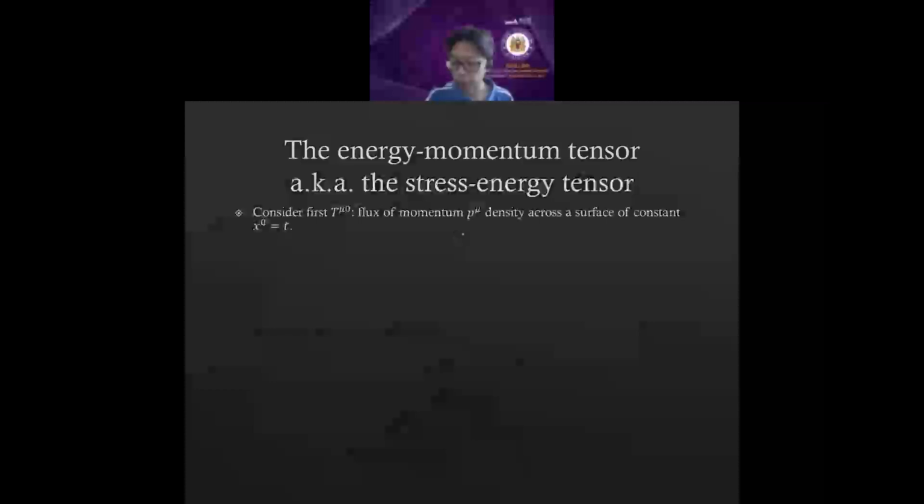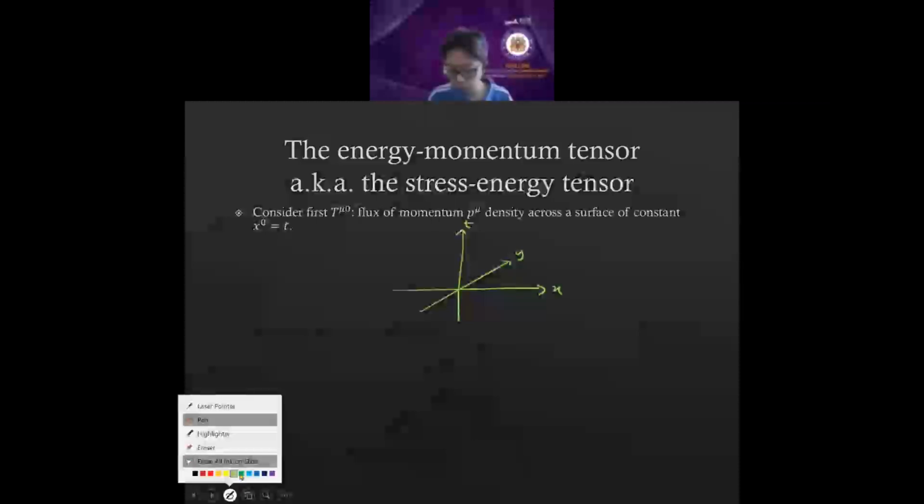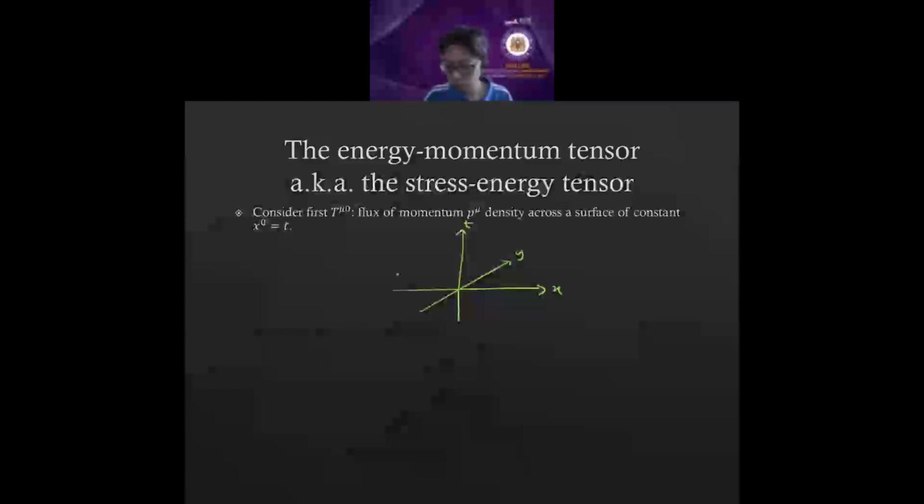One way that we can do that is, so we have just now the space-time. What we can do is that we can consider a surface of constant t. So this is a surface of constant t.